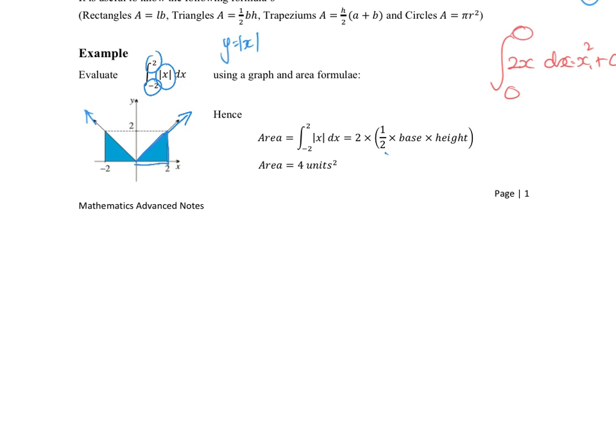I've got 2 of them, the base is 2 and the height is 2, so that becomes 2 times a half times 2 by 2, which happens to be 4. So that's an example of calculating that without knowing how to integrate.